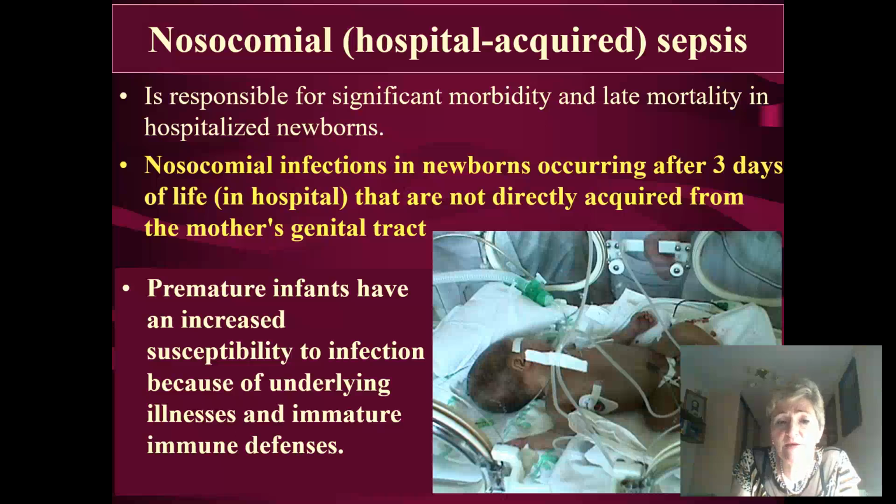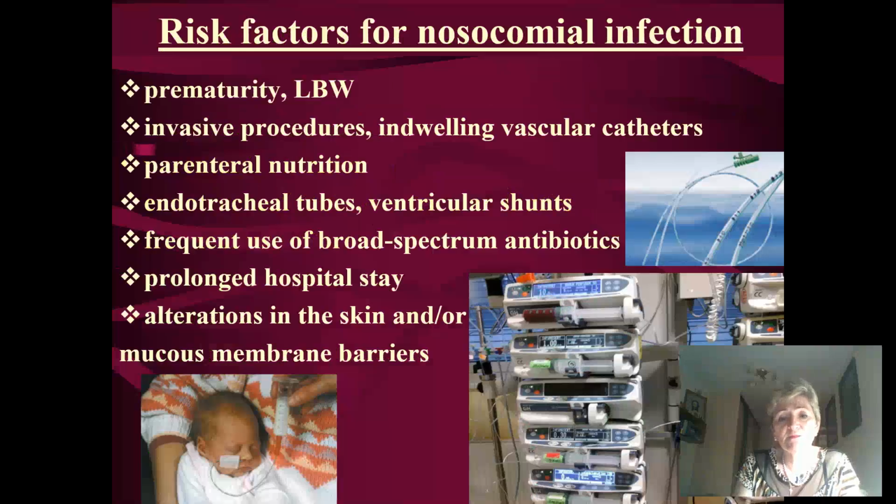Premature infants have an increased susceptibility to infection because of underlying illnesses and immature immune defense, as we discussed. What are the main risk factors for nosocomial infection? Firstly, prematurity and low birth weight. Newborns with low birth weight, extremely low birth weight.